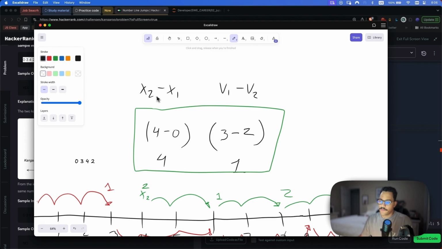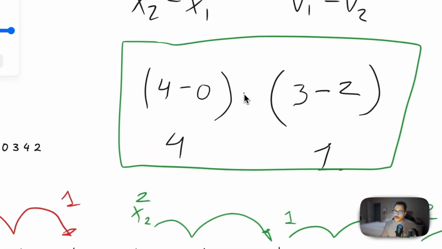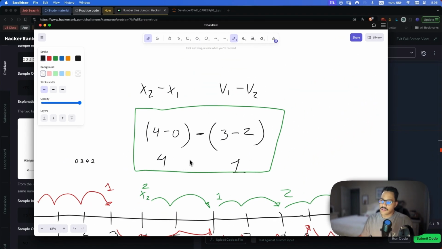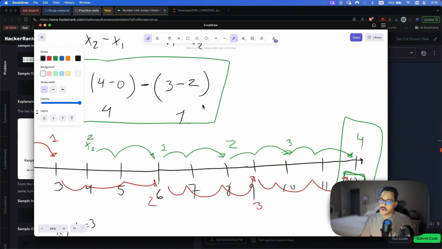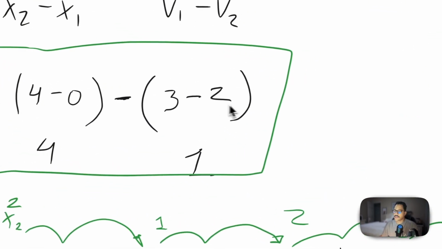And those numbers, as we saw here, have to be a multiple. I don't need the difference of them, because that would be 3, and that doesn't make sense. 4 minus 1, 3, that doesn't make sense here. Wait, maybe it does.